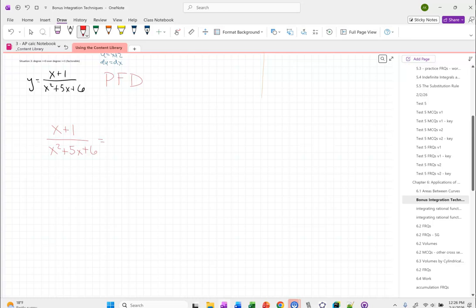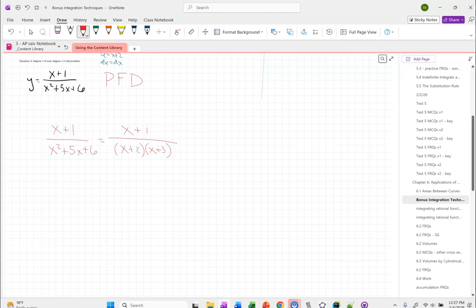So to do a partial fraction decomposition, the first thing I do is factor the denominator. And that should be easy. That's like a 1 second process, right? You should be very, very good at factoring quadratics.